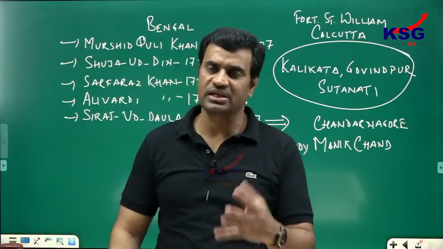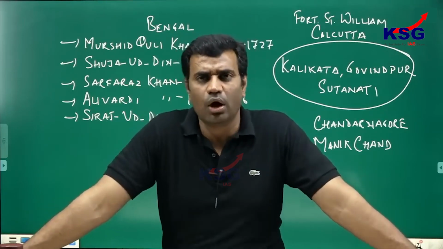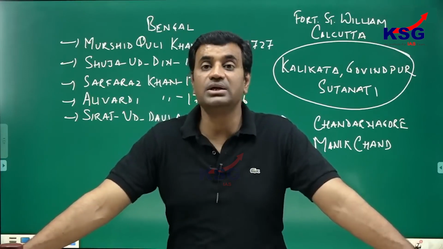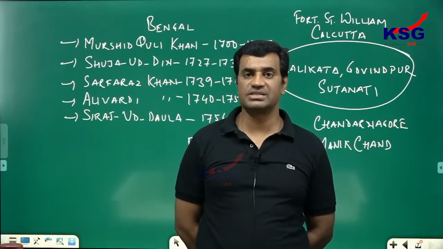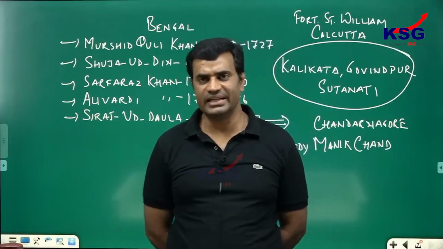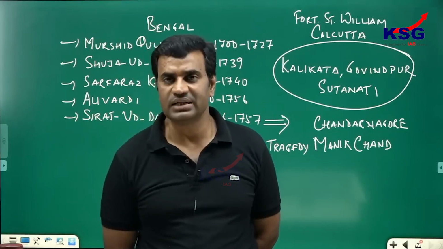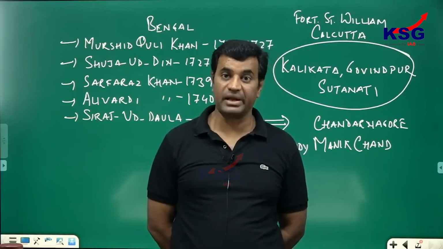After this tragedy was highlighted by the British, they began to play the role of divide and rule. Robert Clive, the British governor at this time, began to negotiate with leading officers of Bengal. He negotiated with none other than the commander-in-chief of the Bengal Army, Mir Jafar.